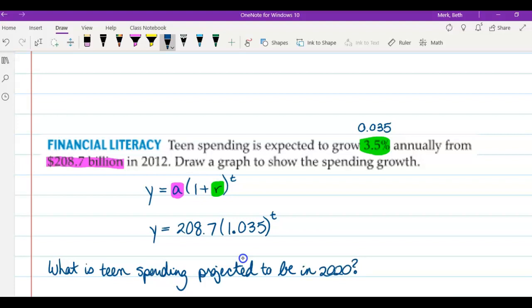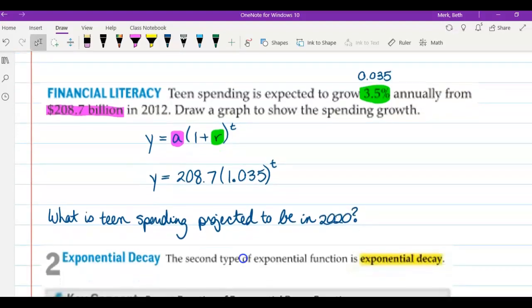Well, that is all about time, but I need to know what to put into my formula here. Y equals 208.7, 1.035, but do I put 2020 right here? No. How many years have passed if it's 2020 from 2012?